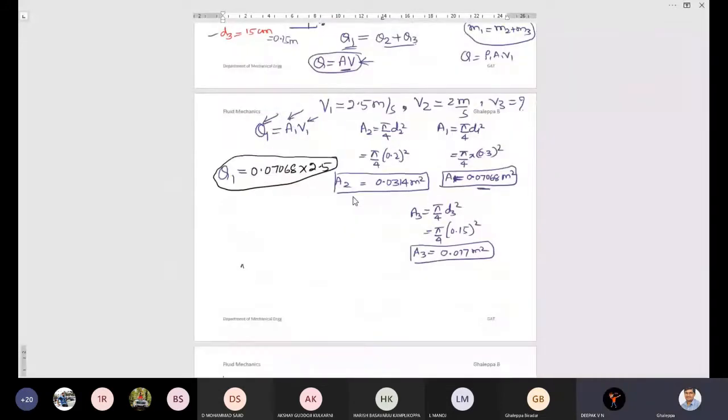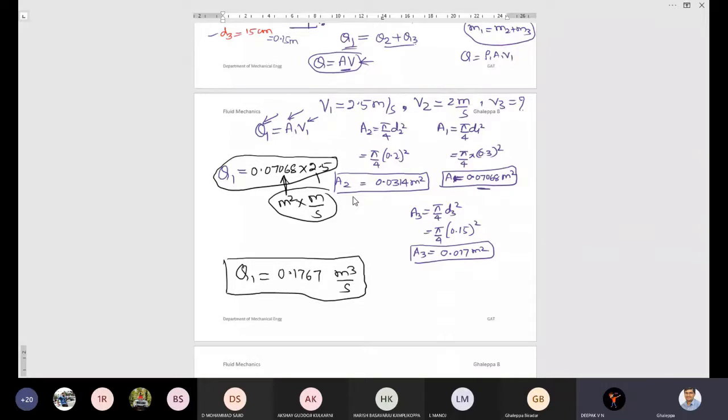So Q1 is equal to 0.1767. What will be the unit? Area unit is meter square, velocity unit is meter per second. So multiply these two, you will get meter cube per second. This is the discharge in the first pipe.